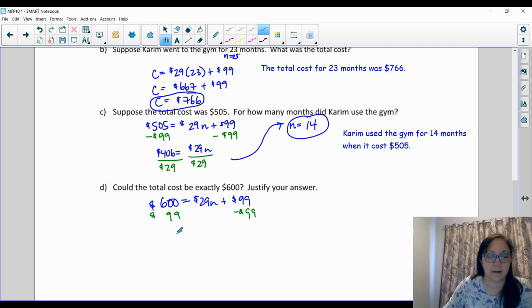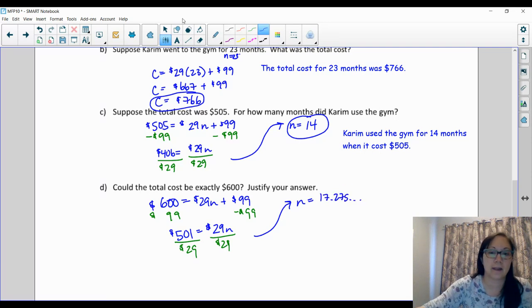That leaves me with $501 on the left equals $29 times n. I'm going to divide both sides by $29 and see what kind of answer I get. And I get an n value of 17.275... So people don't charge you for partial months.